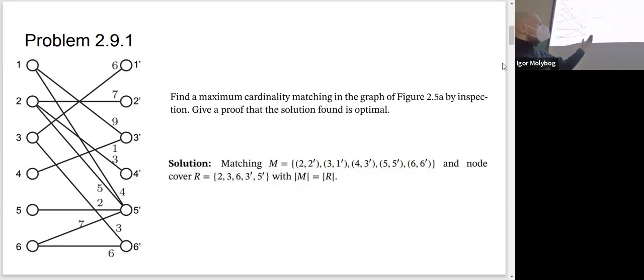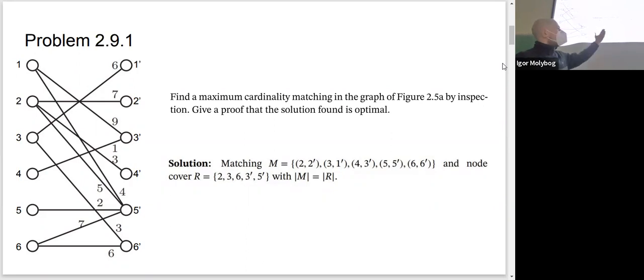We have also proven that covering is the dual problem for a matching, and therefore it would be sufficient to find a covering that also consists of 5 entries, and such a covering does exist. It's the covering 2, 3, 6, 3 dash, and 5 dash. It's quite straightforward to verify for each edge that it is in fact a covering, and it does consist of 5 nodes.